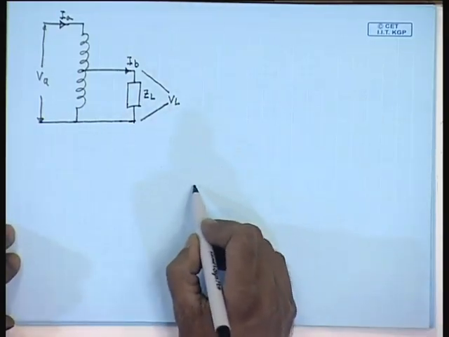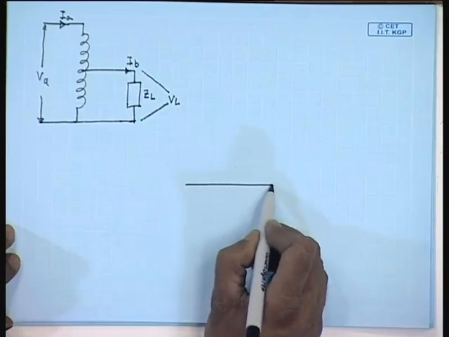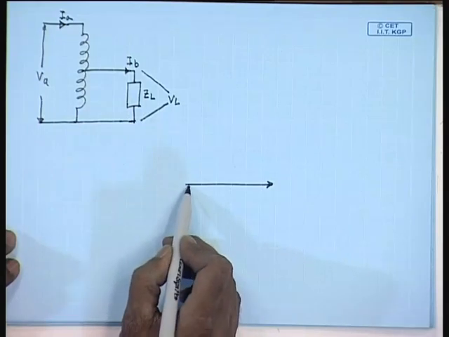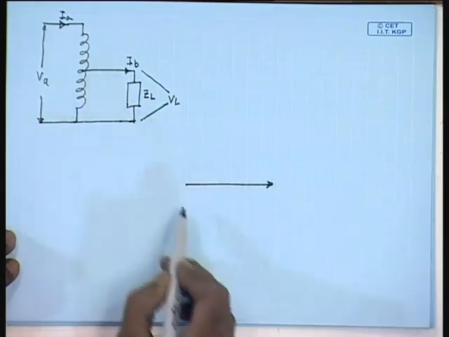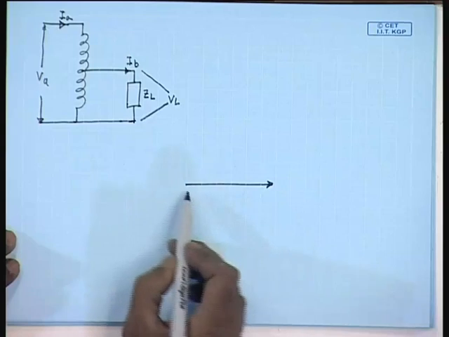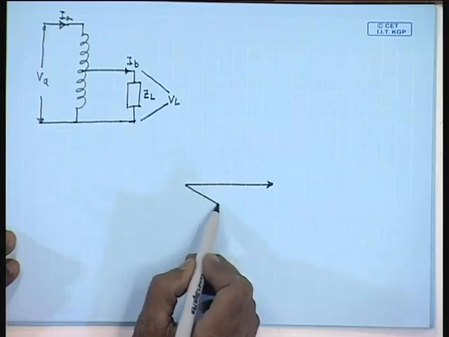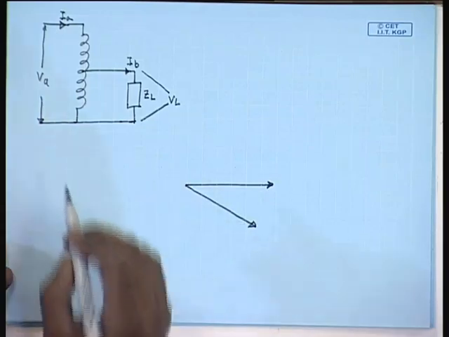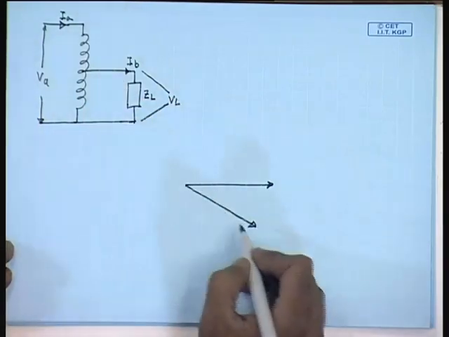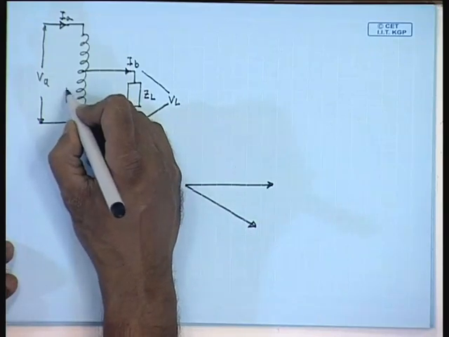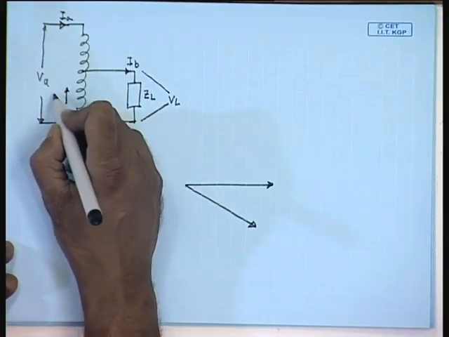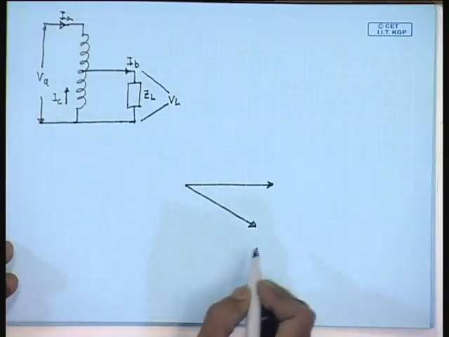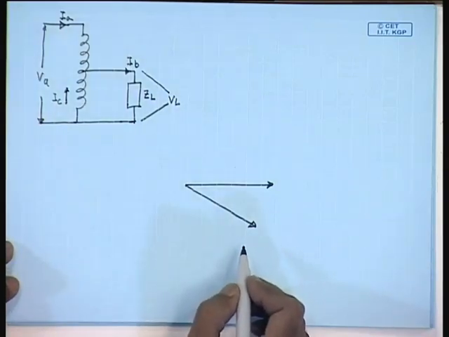So, let this be the phasor of the load voltage V_L, and since this is a lagging impedance, this is the inductive load, the current I_B will be lagging V_L by the power factor angle. So, this is the current I_2 or I_B. The currents I_A and I_C are in phase with I_B.